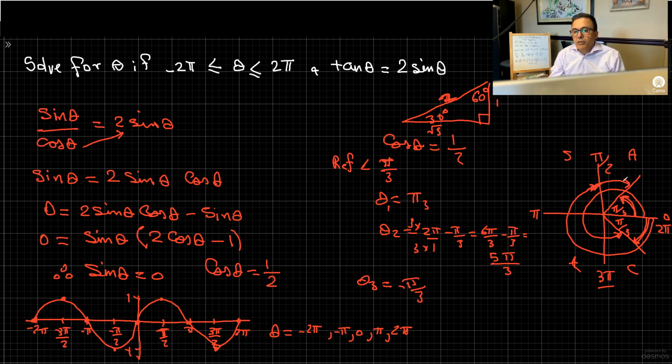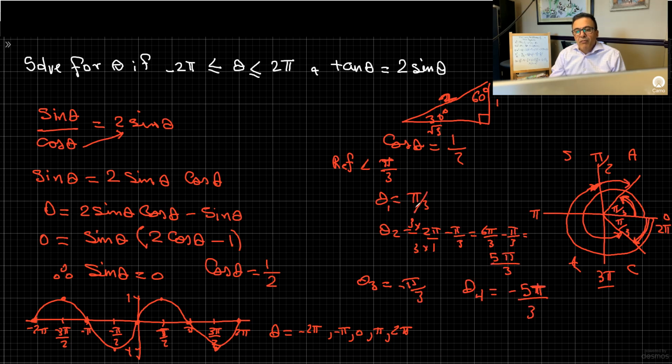Sorry, it's not supposed to stop right here. It stops right there. So theta 4 is the same as calculating theta 2 because you're going all the way there and you're left with pi/3. So instead of 5 pi/3, it will be negative 5 pi/3.